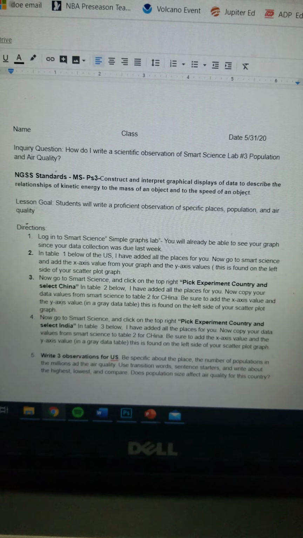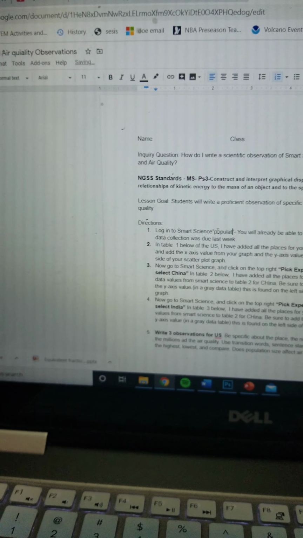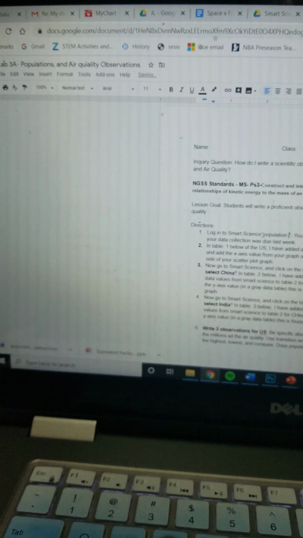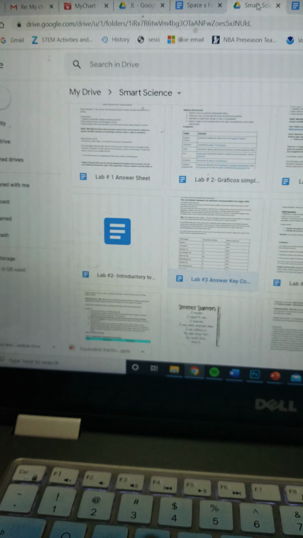The first thing I'm reading right here says log into Smart Science. Make sure you use the population and air quality file, that is this file right here.